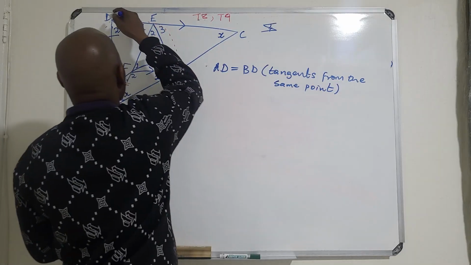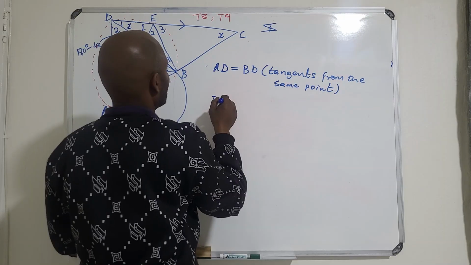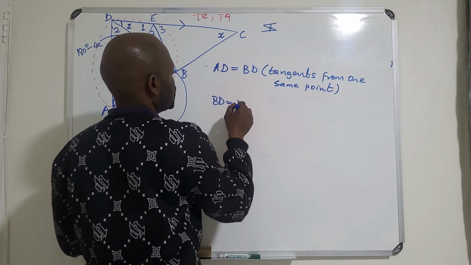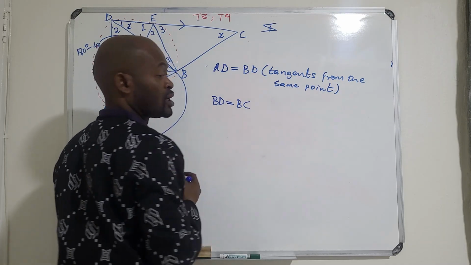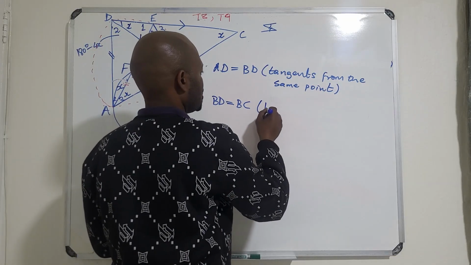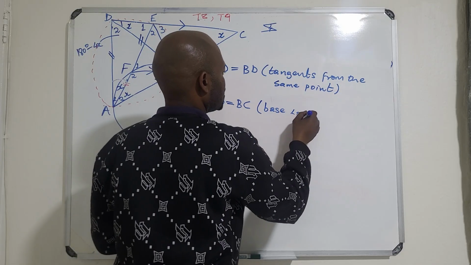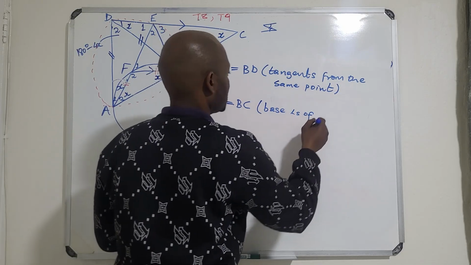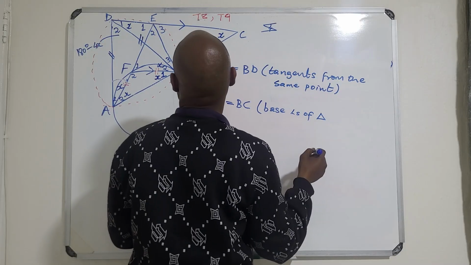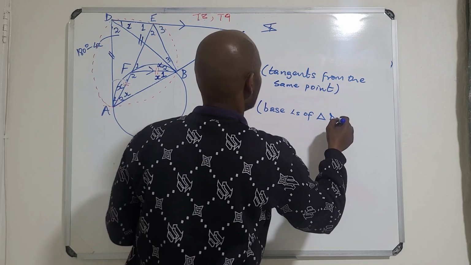Now, BD is equal to BC. Why is that? It is because of base angles of triangle DBC.